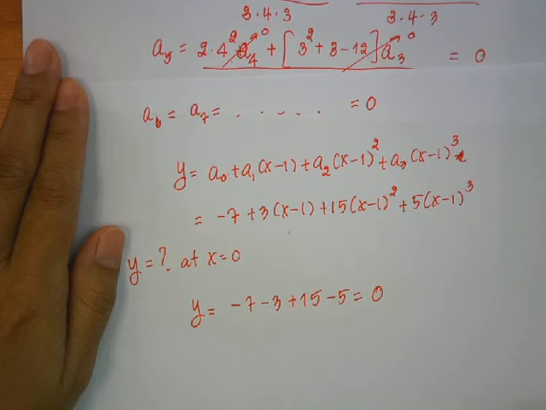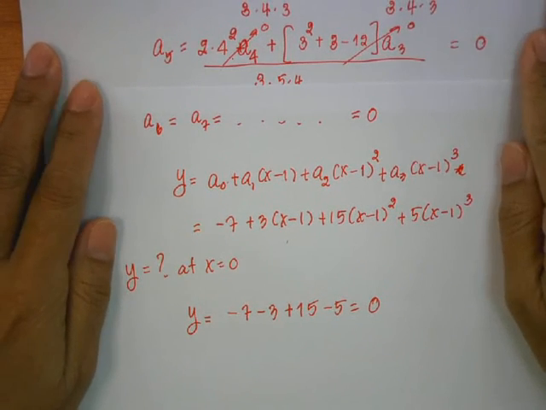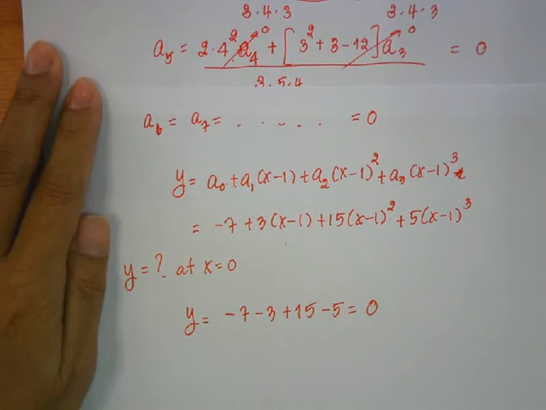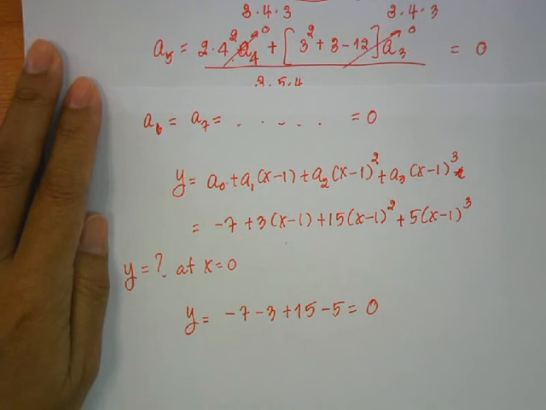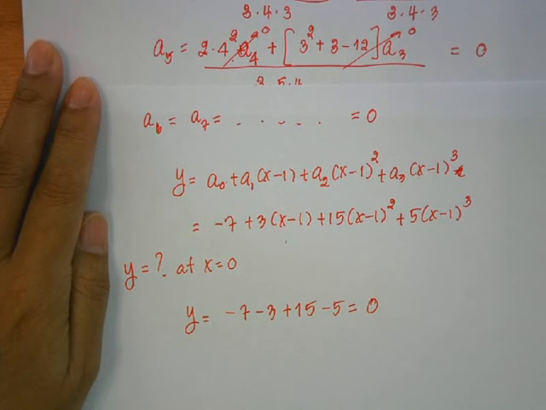And that would be the answer. The question is asking, what would be the value of y at x equal to 0? What you can do is just plug the value in there. You would know that at x equal to 0, y is equal to 0.